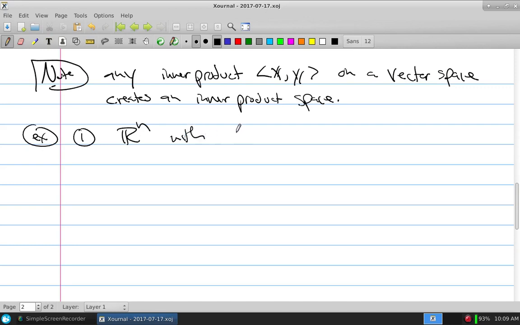Rn with the inner product defined as x transpose y. So what we do is we now have your space with this tool to measure magnitudes and angles.